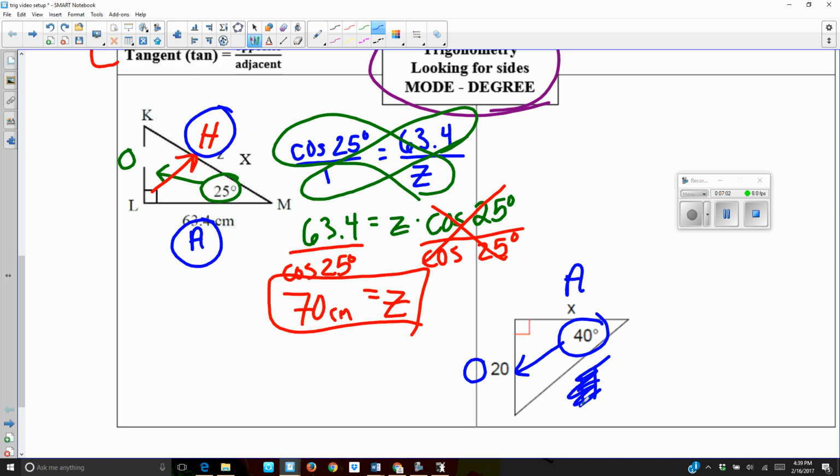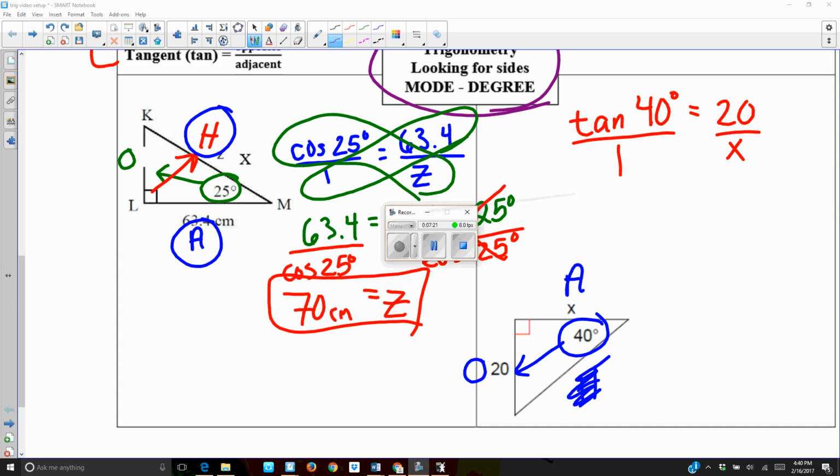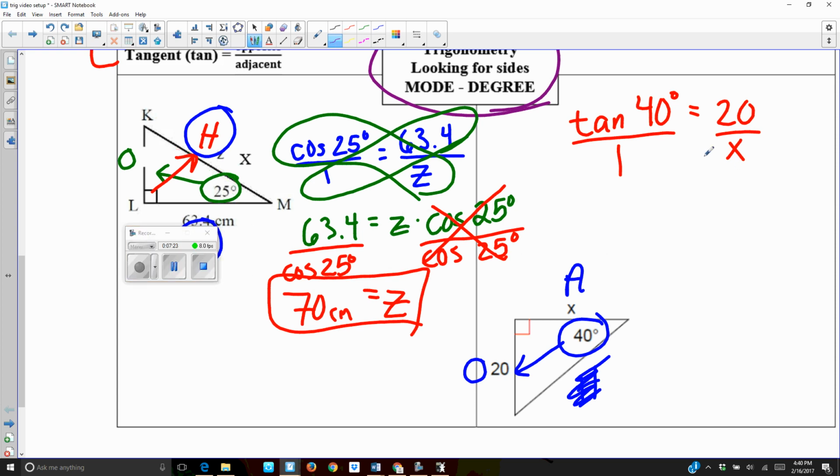So this is the tangent trig function. The tangent uses the opposite and adjacent side. So you take the tangent of 40 degrees equal to 20 over x. One more time, cross multiply. This cross product is x times the tangent of 40.